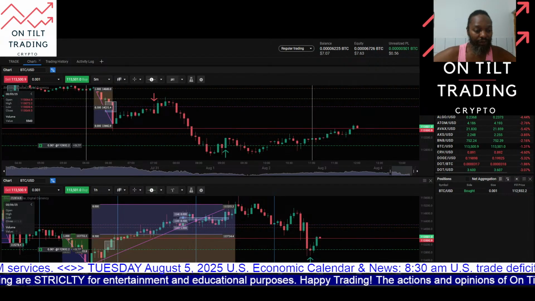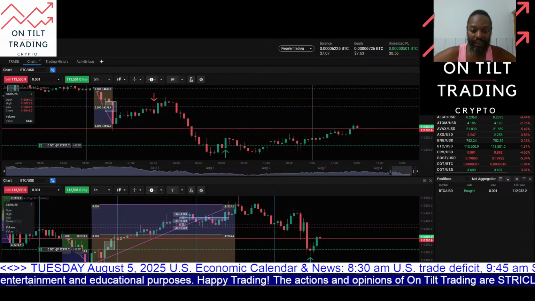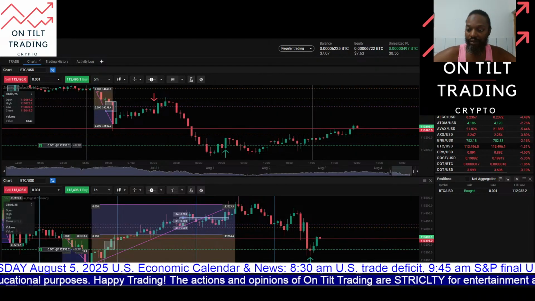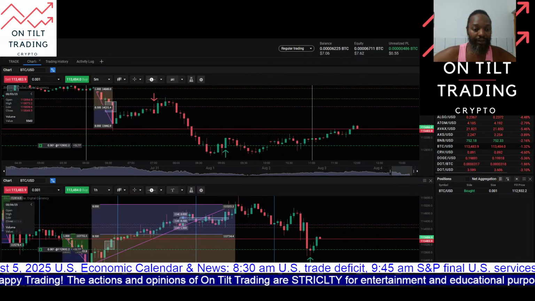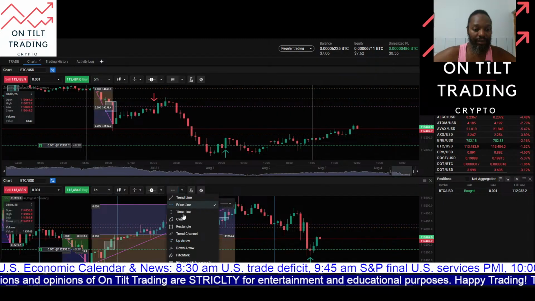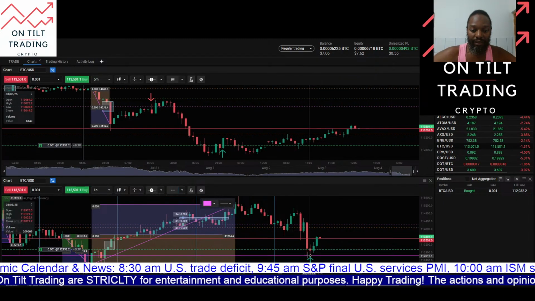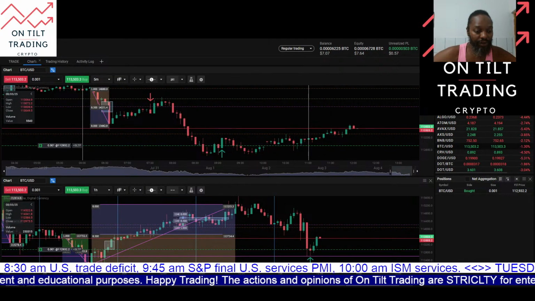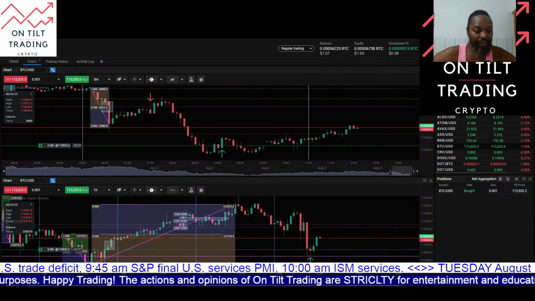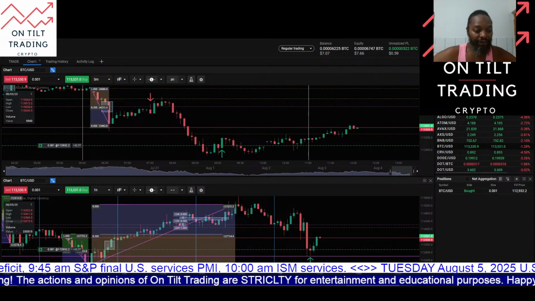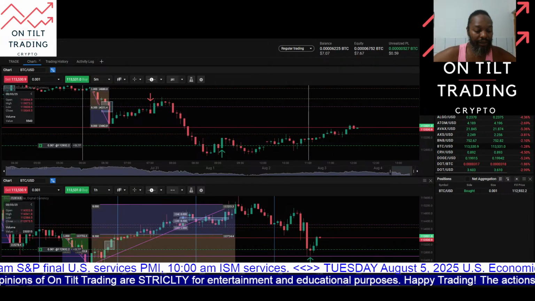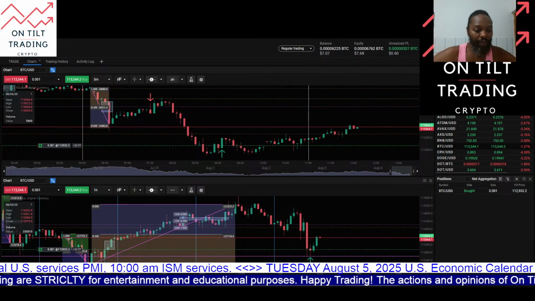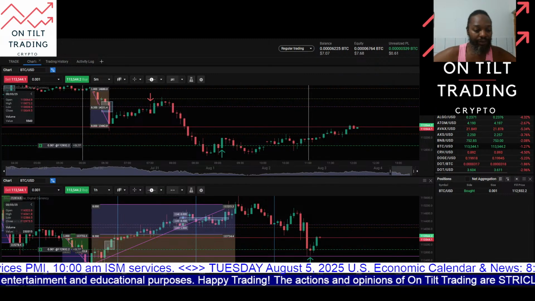But what I observed was, if you can see this area here, I'll put a line up so it can be seen easily. You can see price action traded down past the fair value gap and tested this order block here and held.